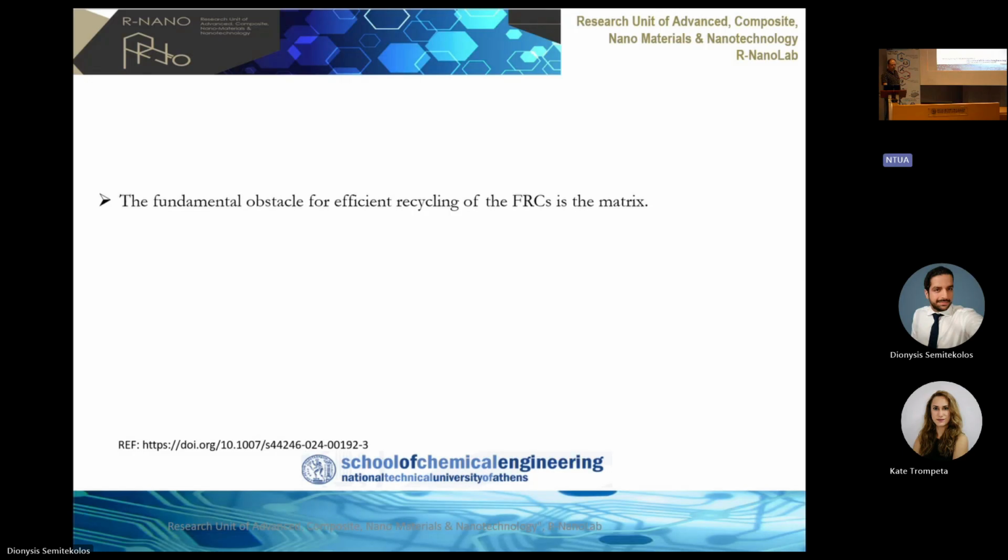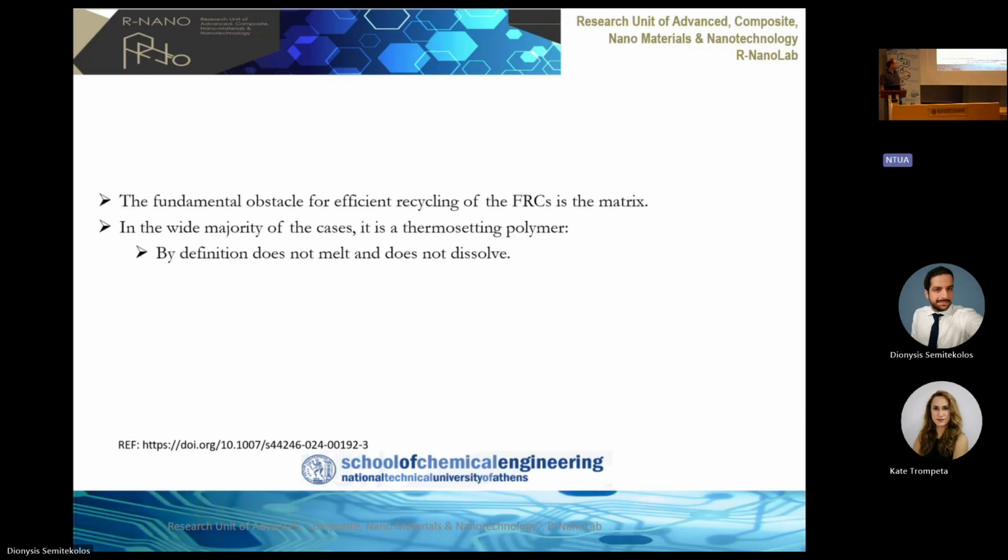So, for the efficient recycling of the composite, the fundamental problem is to find a way to remove the matrix. However, the matrix, in the vast majority of cases, is a thermoset polymer, which means that it does not melt and it does not dissolve.